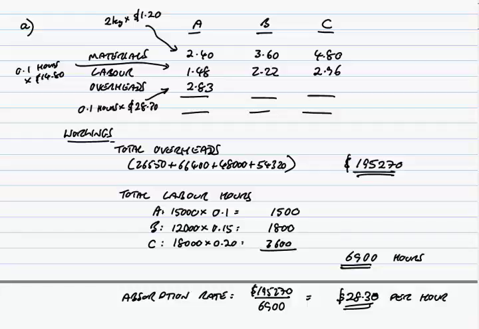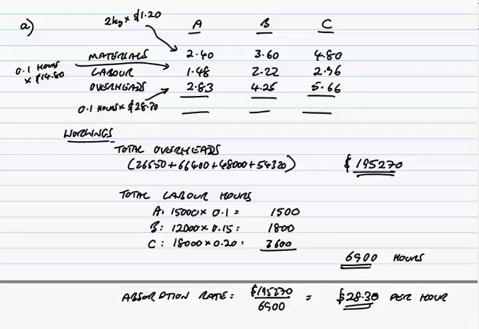Product B is 0.15 hours at $28.30, which is $4.25. I'll keep to the nearest cent. And product C, 0.2 hours at $28.30 is $5.66.